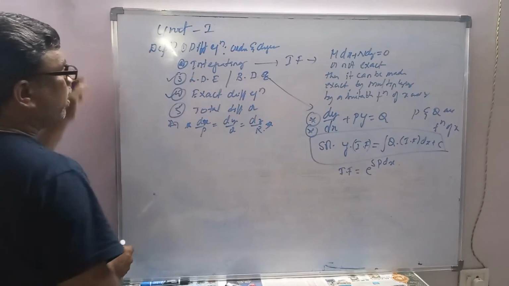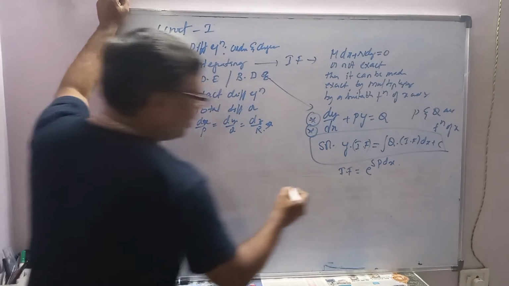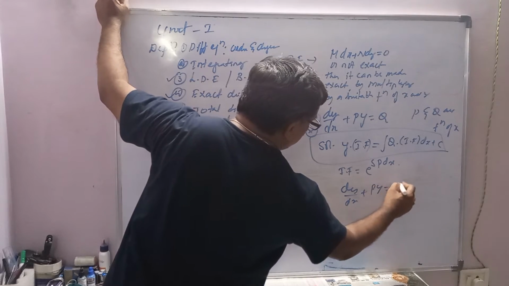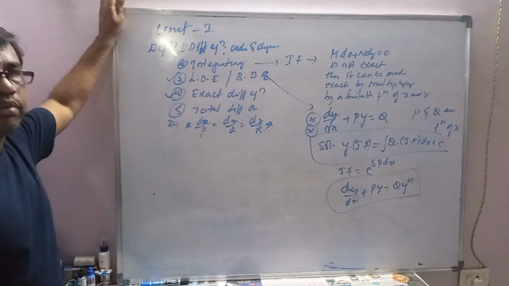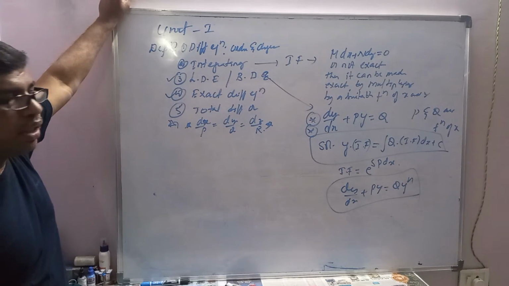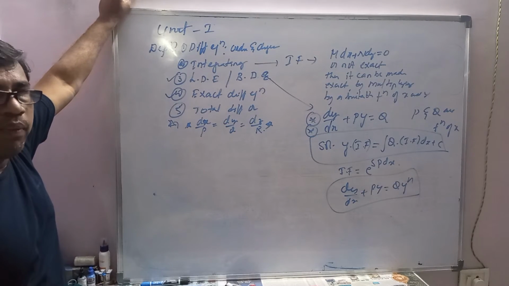Now, the next one, Bernoulli differential equation. Bernoulli differential equation means dy by dx plus Py is equal to Q into y power n. A differential equation of that form is called a Bernoulli differential equation. Now, what is the working procedure? First of all, we have to divide by y power n.